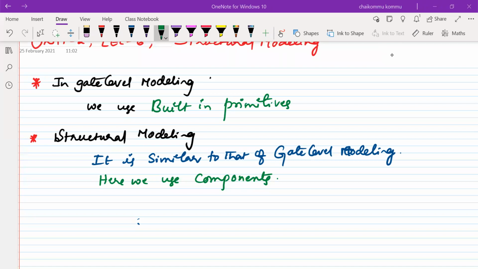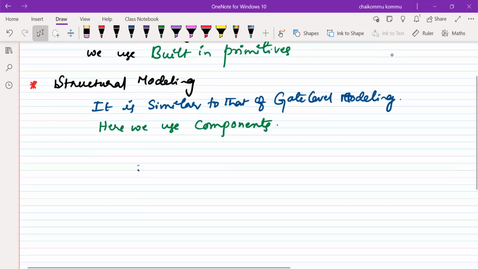The interconnection of these components is nothing but structural modeling. So whenever we use components to make a digital circuit, if you want to describe the interconnection of the components, we have to use structural modeling. Is it clear? The system consisting of components, if you want to describe it, then we have to use structural modeling.